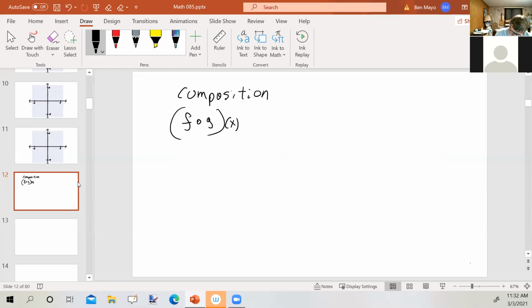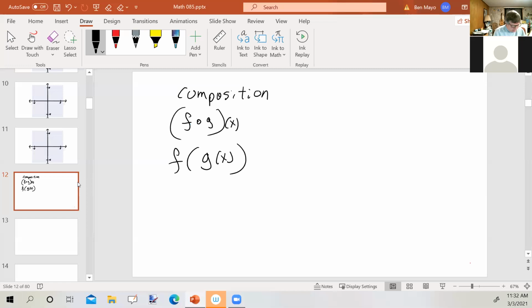So F composed with G of X is the same as taking F of G of X. I'll go through many examples here, but the process isn't difficult. The difficulty lies in keeping track of what you're supposed to do and in what order, okay?